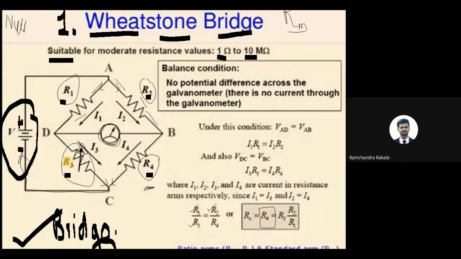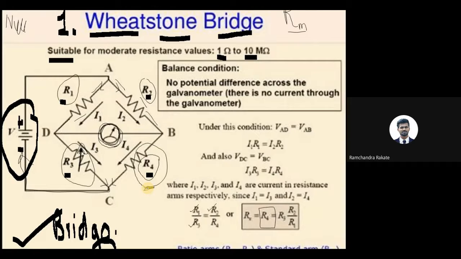With the help of that pair, we will vary the value of a particular resistance, and when the central pointer, that is the galvanometer, shows null or zero deflection, then we say the bridge is balanced, and at that time whatever value we obtain is the value of that measuring resistance.